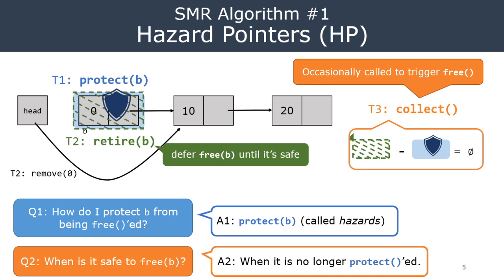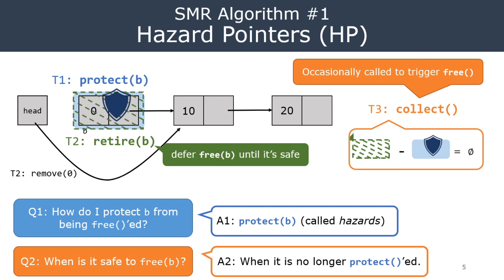All the other pointers should not be reclaimed. If it is not retired, you should not reclaim it. If it is retired but it is concurrently accessed by the other threads, you should not deallocate it. So that's the criteria. Those pointers that are retired but no longer protected are subject to collection. They are safe to free.